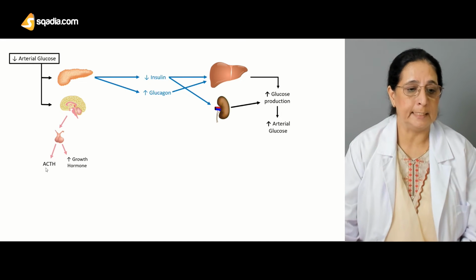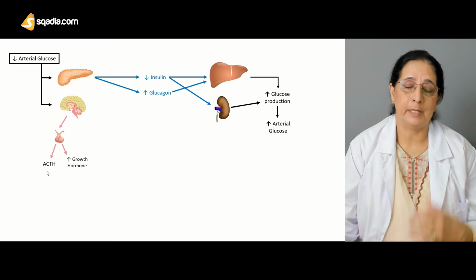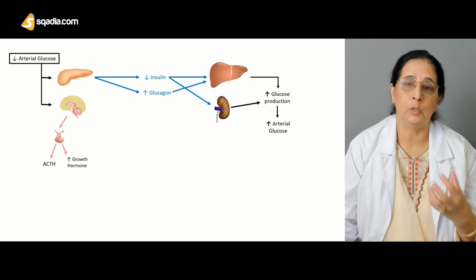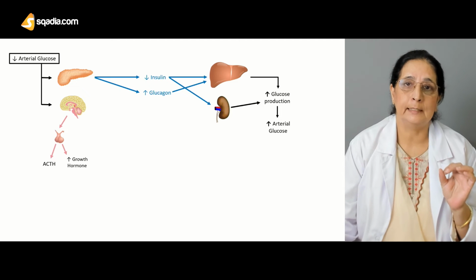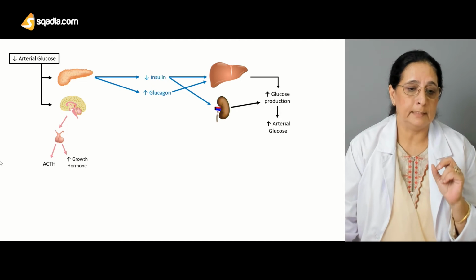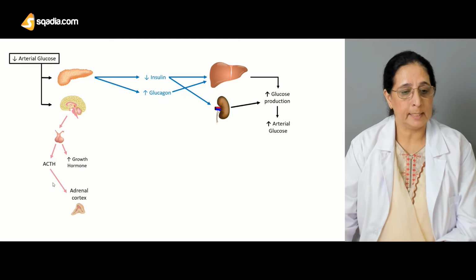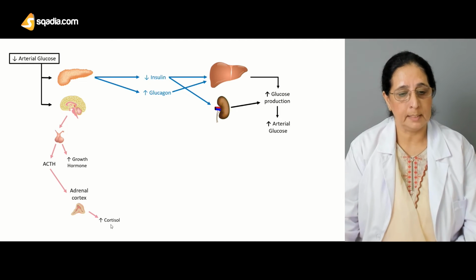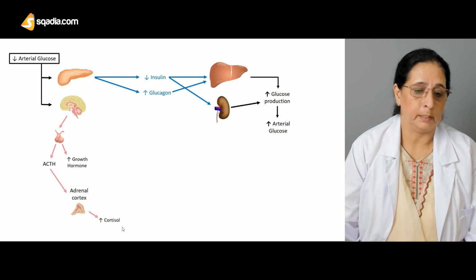One is ACTH, adrenocorticotropic hormone, that acts on the cortex of the adrenal gland and produces the hormone cortisol. And then there is increase in the growth hormone. So this is the adrenal cortex, and it causes increased production of the cortisol hormone.